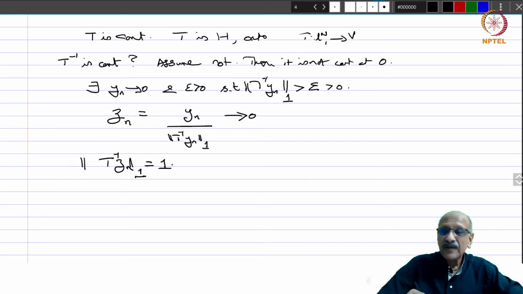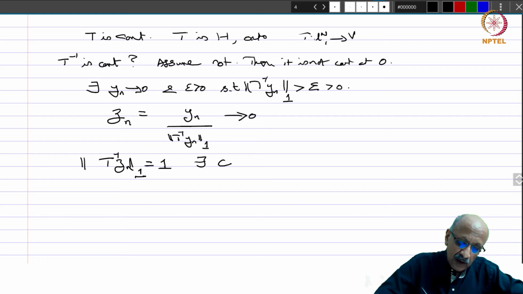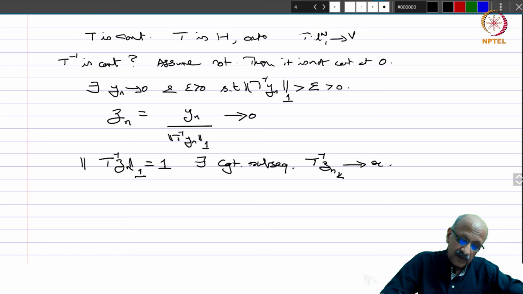So T inverse zn is a bounded sequence, and since the norm 1, norm 2 are all the same, that is the usual topology in Rn, if you have a bounded sequence, then it has a convergent subsequence. So there exists a convergent subsequence T inverse znk. Let us say it converges to x.